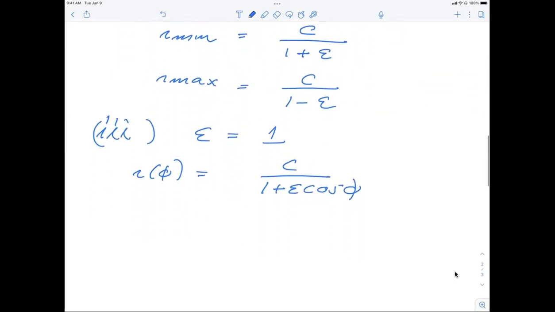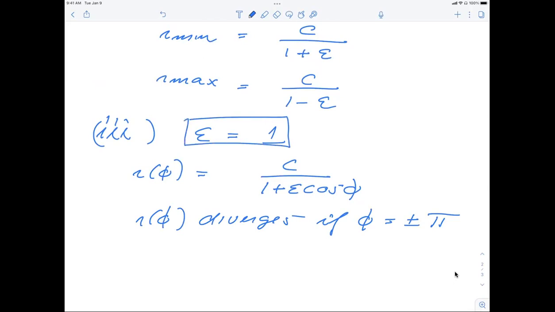And you see now that this r of phi diverges if cosine of phi is equal to minus 1, that is phi equal to plus or minus pi, when we put epsilon equal to 1. That means simply that we have a radius which is diverging here.